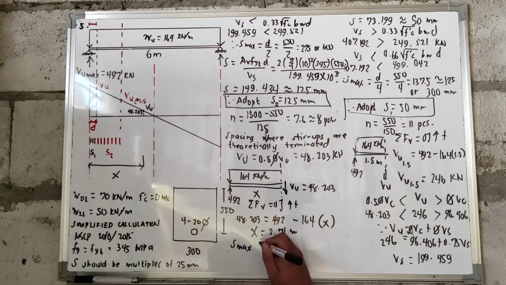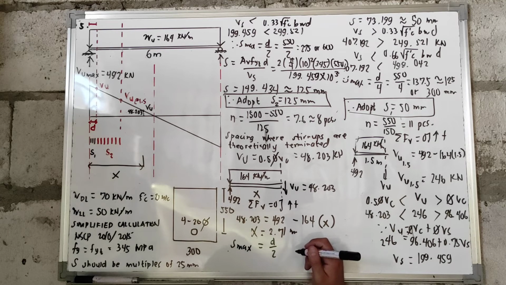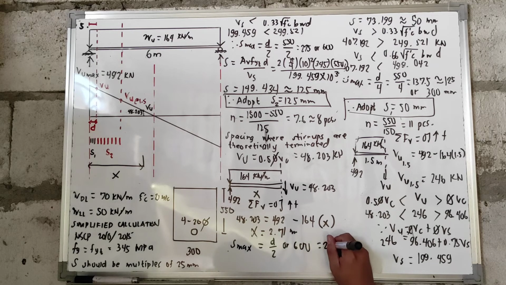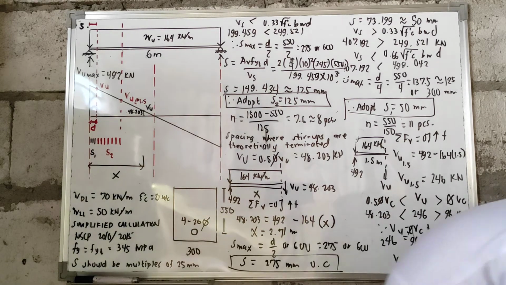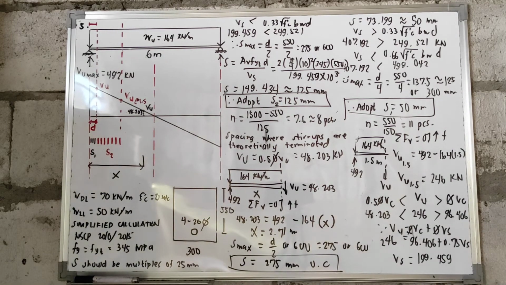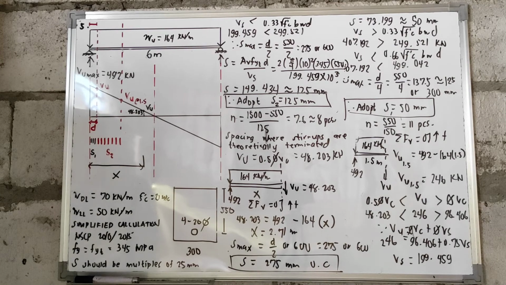So gamitin natin yung S-max na D/2 for the spacing ng mga natitirang stirrups natin or anilyo. So S-max natin, that is 275 or 600. So gamitin natin dito S is equals to 275 mm on center. So kahit na hindi kailangan yung stirrups, kailangan nating maglagay para hindi mahirapan sa installation ng mga bakal.